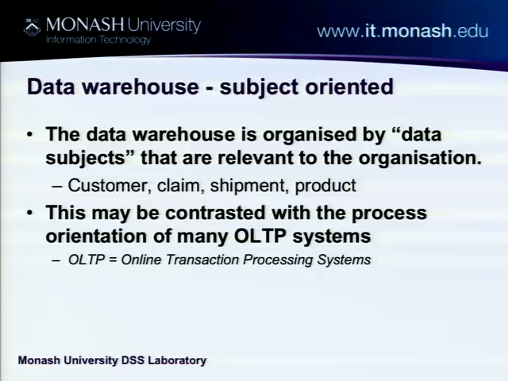Anyway, that's the distinction I'm making. So OLTP systems, typically normalised to third normal form, are process-oriented, whereas OLAP systems, data warehouse systems, are much more focused on subject-structured data.